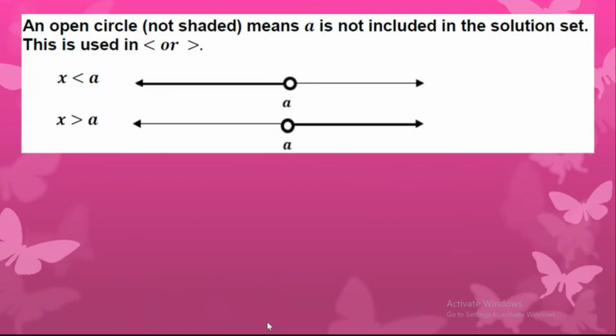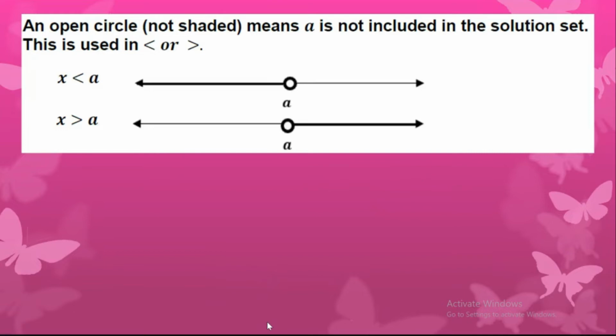We use an open circle or a not shaded circle if a is not included in the solution set, if a or the given number is not included in the solution set. This is used with the less than or greater than symbol.